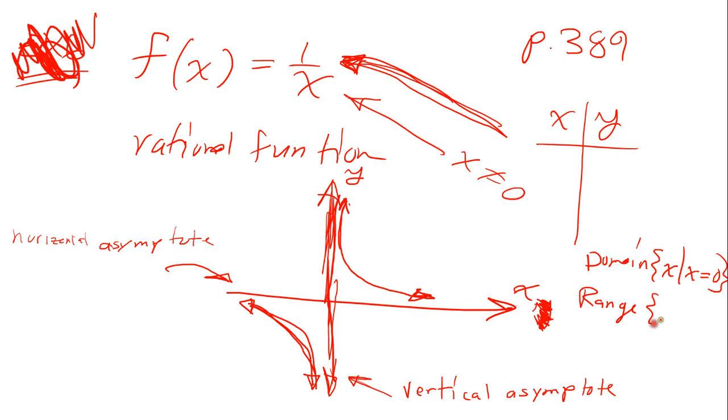So basically your range is a set of y values. So let me go to another slide here. All right. So I'm going to look at 1 over x. So y equals 1 over x. What can't y be?